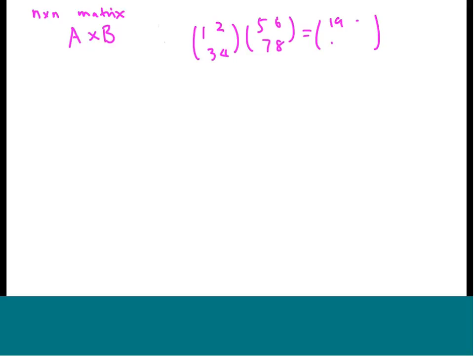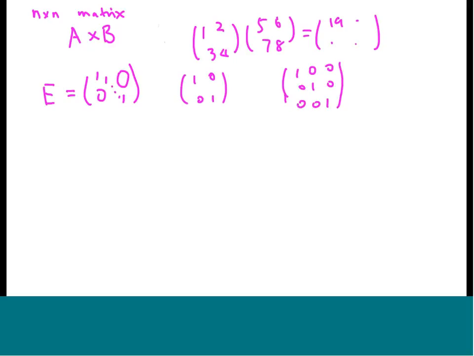Special matrix, usually called E or sometimes called I, equals 1, 1, 1 on the diagonal. Everything anywhere else is 0. So for example, 1, 0, 0, 1. This is a 2 by 2 identity. 1, 0, 0, 0, 1, 0, 0, 0, 1. This is 3 by 3 identity.